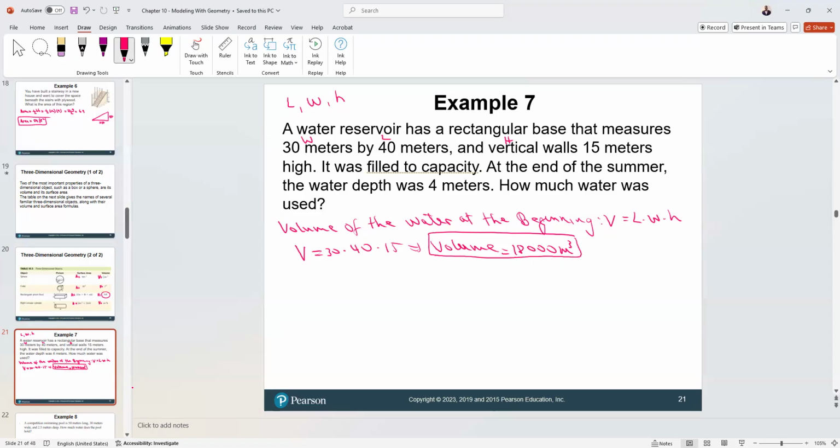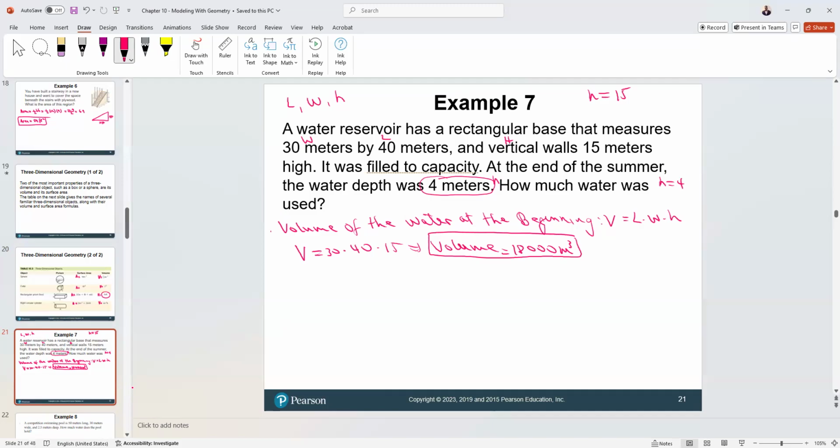Because now at the end of the summer, the water depth was 4 meters, this is the new height. The height at the beginning was 15, and now the new height is 4. We keep the 30 and 40 and change only the 15.